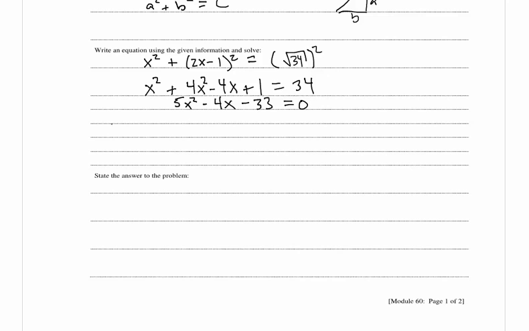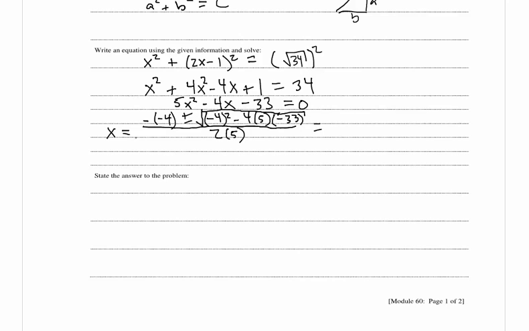So we have x is equal to negative b, so we have negative negative 4 plus or minus the square root of negative 4 squared minus 4 times a, which is 5, times c, which is negative 33, all divided by 2a, all divided by 2 times 5.